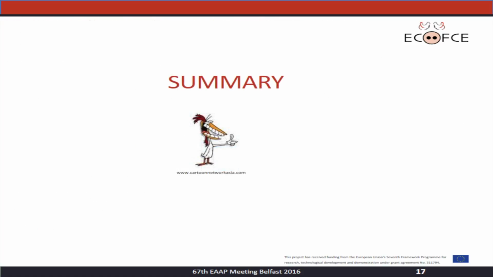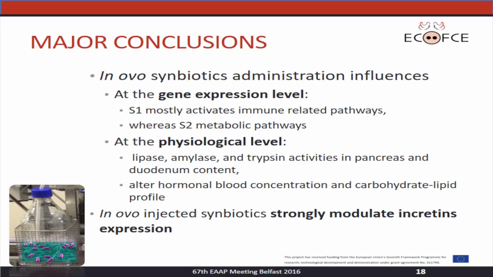So to conclude, what we observed after the symbiotic administration at the gene expression level, both symbiotics trigger different gene expression pathways. For the S1, it was mostly immune-related pathways, for S2, the metabolic pathways.